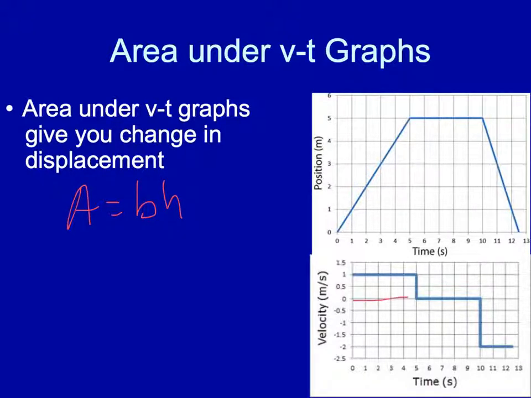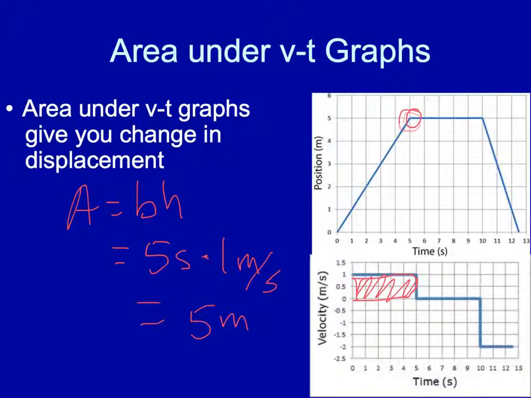Well, let's say I want to look at this area right here. The base is 5 seconds times the height of 1 meter per second, which is going to leave me with 5 meters. And if you think about it, that matches up with that point right there.